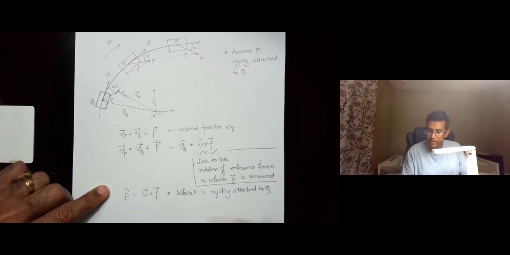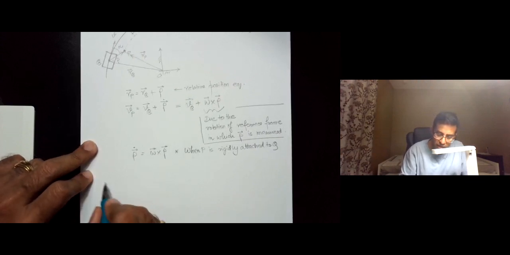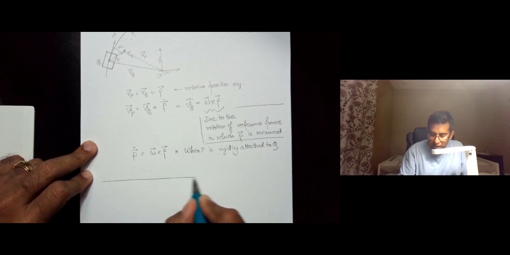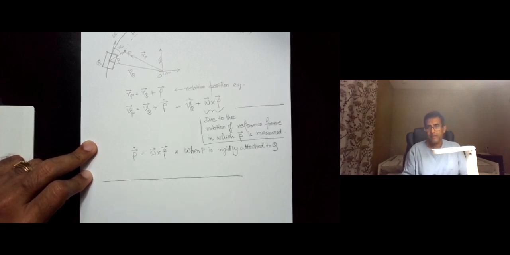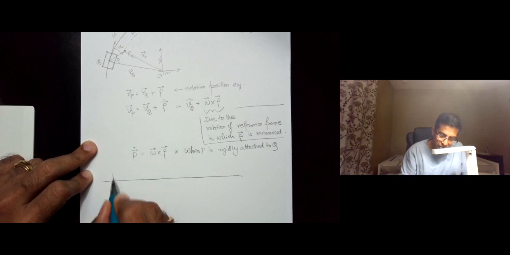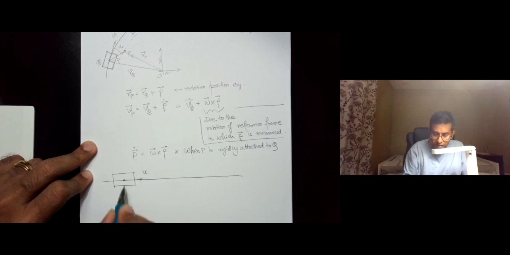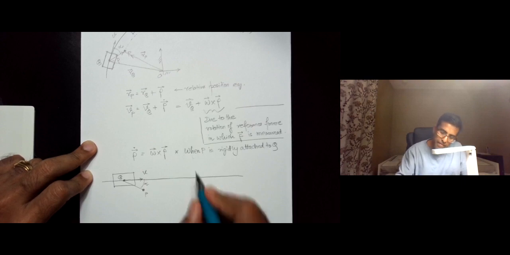So to illustrate that, let us consider an alternate case where the vehicle is going along a straight line. So this is the velocity v, and the point P is here, Q is here, making an angle alpha.